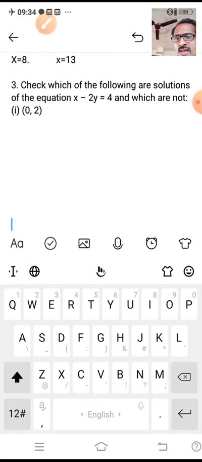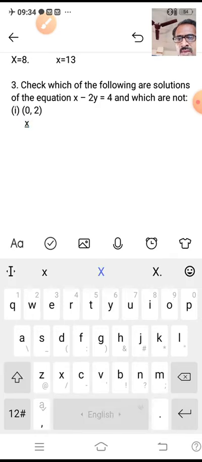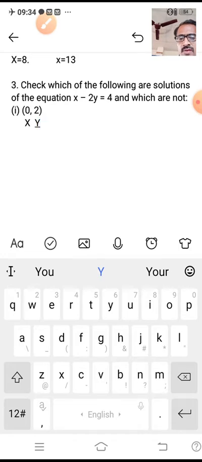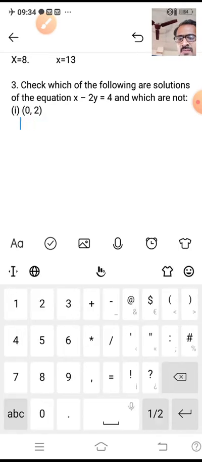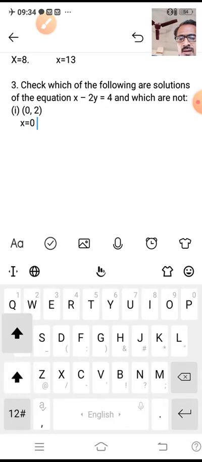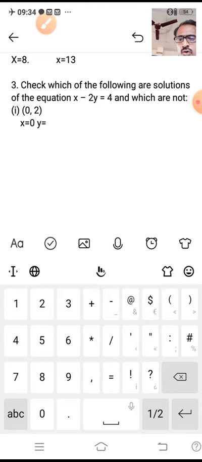See, we know very well that in this coordinate, first coordinate represents value of x and second coordinate represents value of y. So here we can say that we are having value of x 0 and value of y 2.